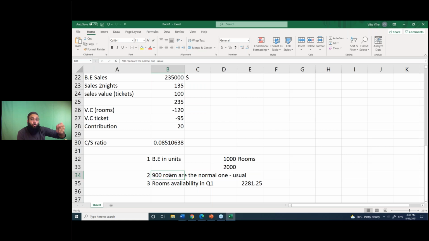Because it's for 2 nights. Are you getting my point, everyone? So this means that you require 2,000, and it's very much clear that you don't have the option in that case. So you cannot go for this option because you don't have the availability, right?